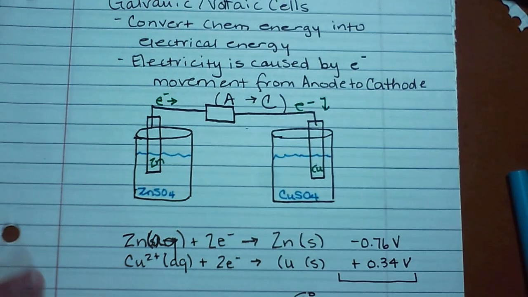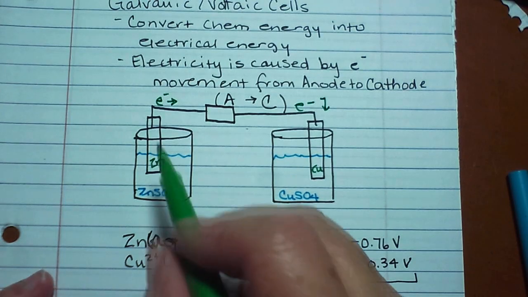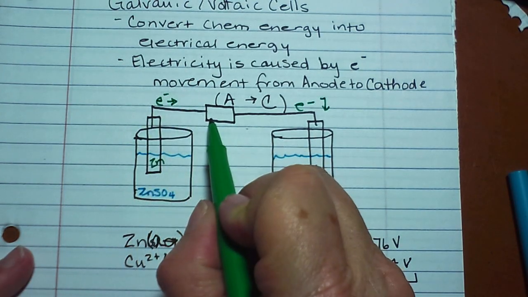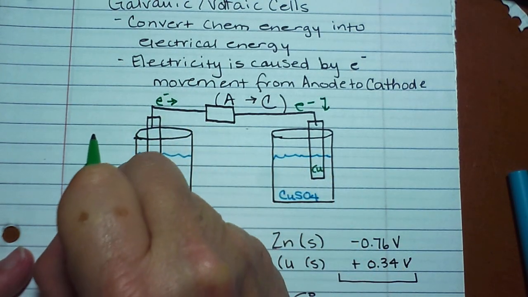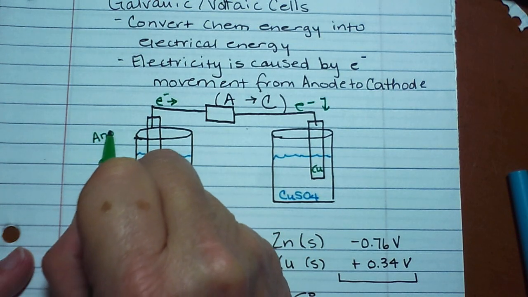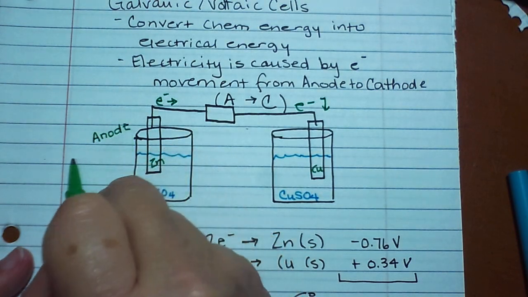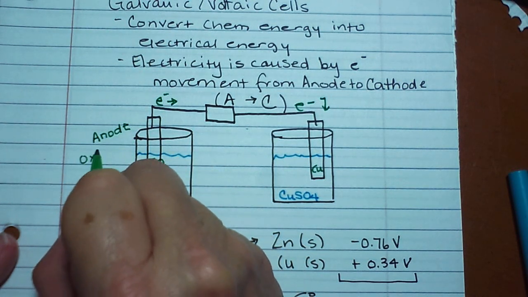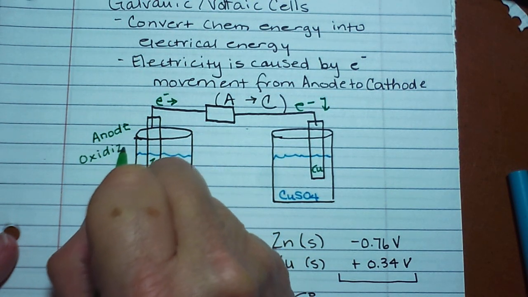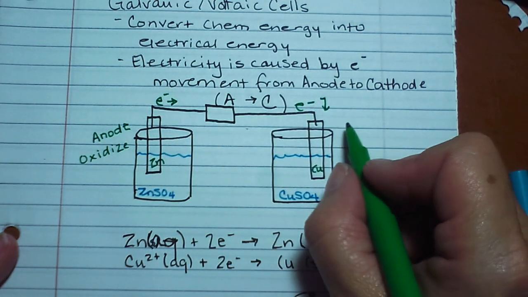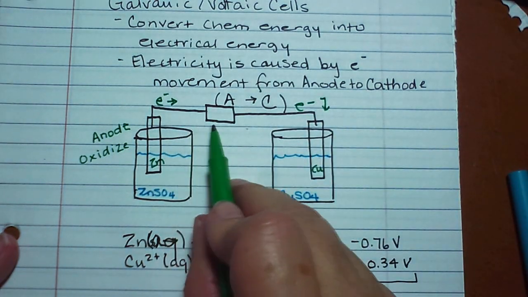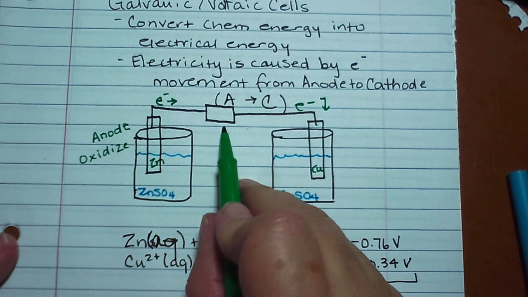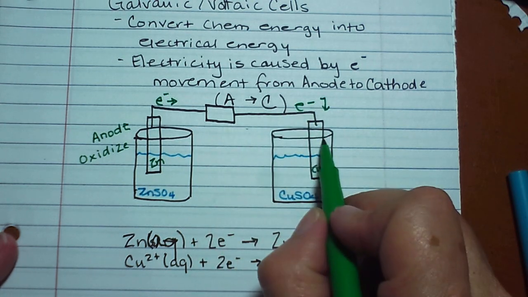We start at the anode, electrons are lost there. So that means anode, electrons are lost there, losing electrons is oxidized. They go through the wire and through the load.